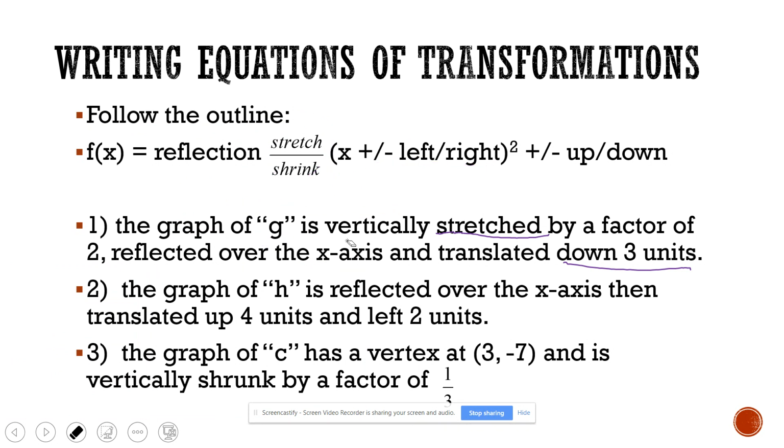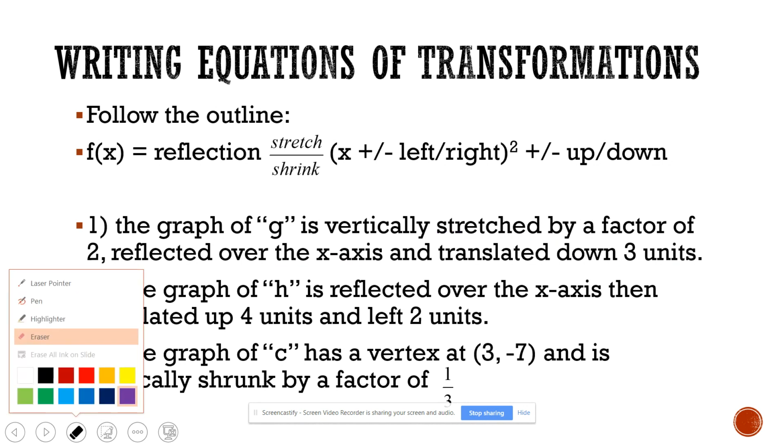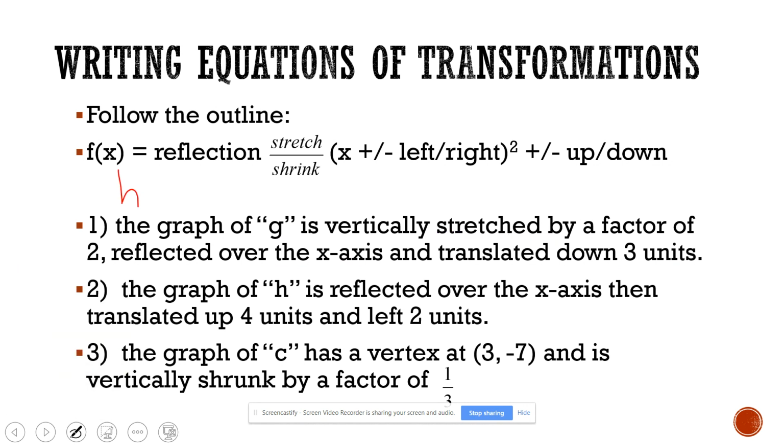Example 2. The graph of h. So that means I'm starting with function notation h of x. It says we are reflecting it over the x-axis, going up 4 and left 2. So we do have this reflection.